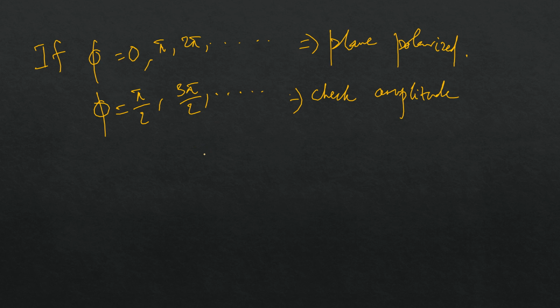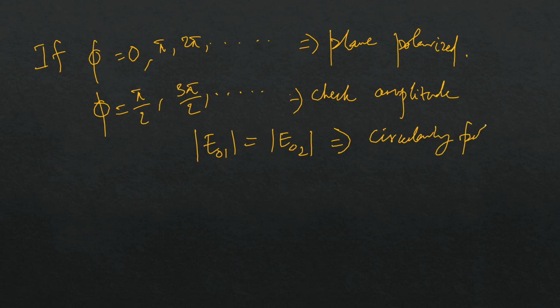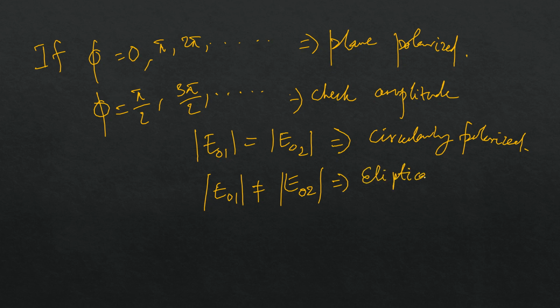Suppose the amplitude of one wave is equal to the amplitude of the other, E0 1 equal to E0 2, then it's called circularly polarized. If the amplitude of 1 is not equal to the amplitude of 2, then it is called elliptically polarized.